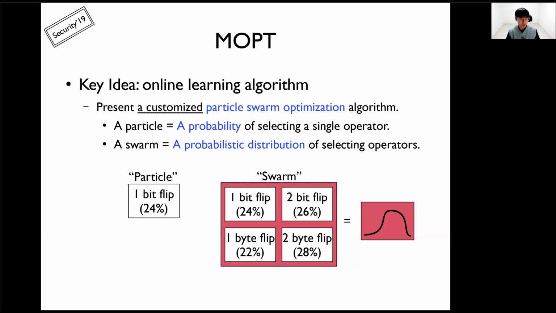And a single swarm is a probability distribution of selecting mutation operators. So intuitively, a swarm can be seen as a set of particles. And using these particles and swarms, I will explain how to find an optimal mutation strategy for the target programs.